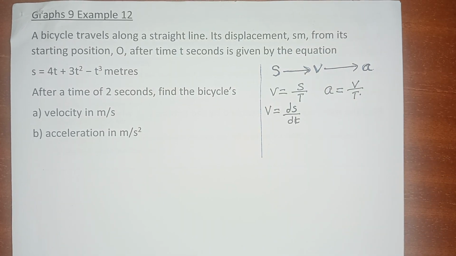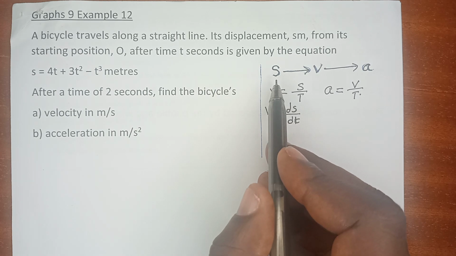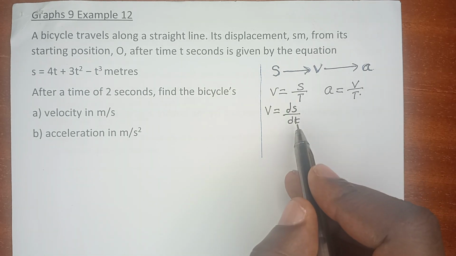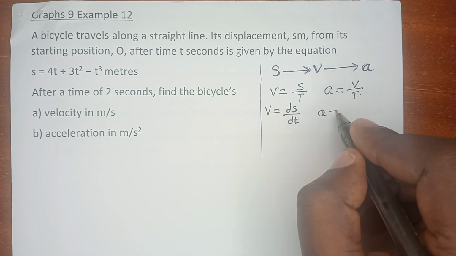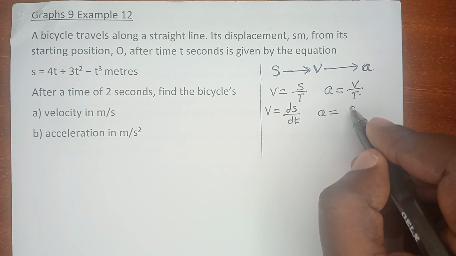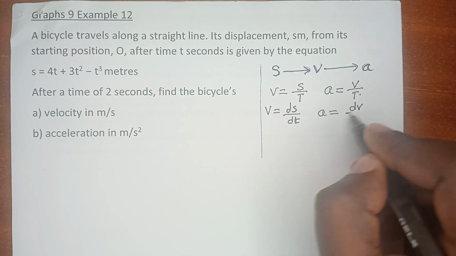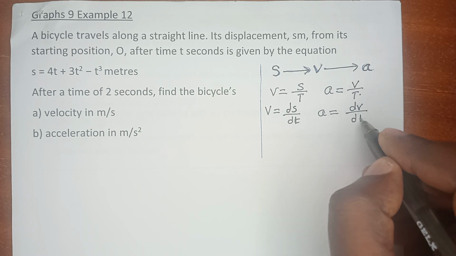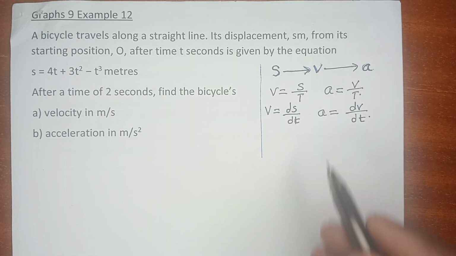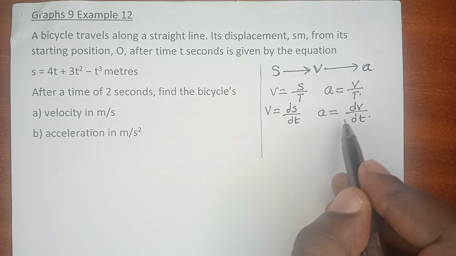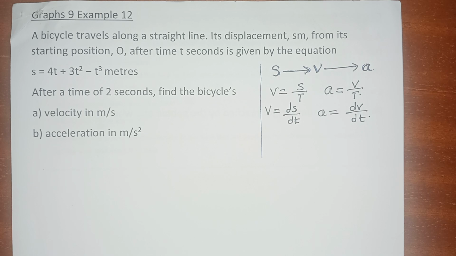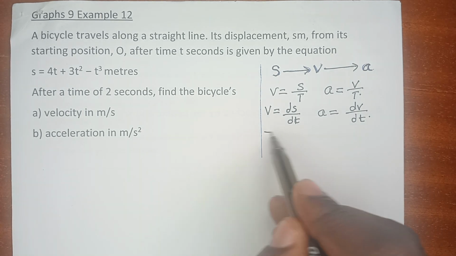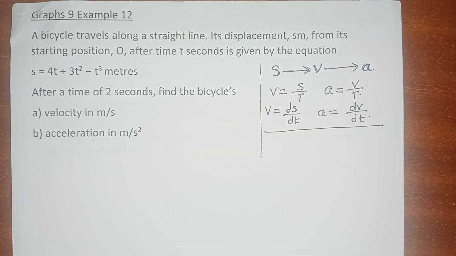In other words, we have to differentiate a function of the distance with respect to time. And if we want to get acceleration, we have to get the change in velocity over the change in time. So for us to calculate the acceleration, we have to have dv/dt as a function. So let us keep this in mind. We shall use it extensively.